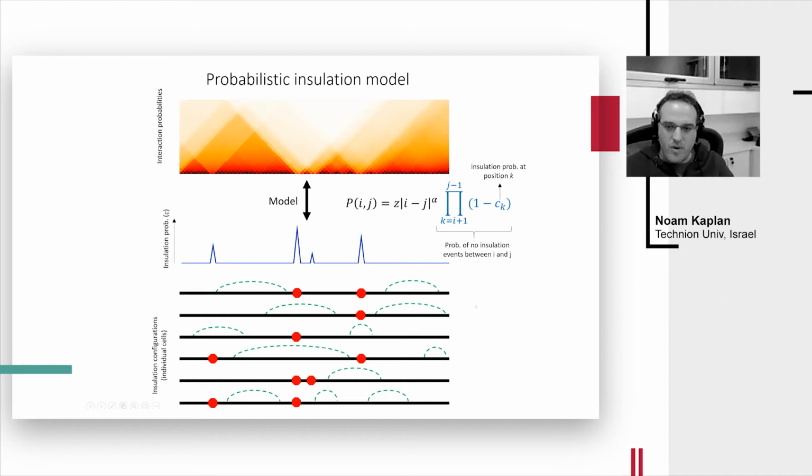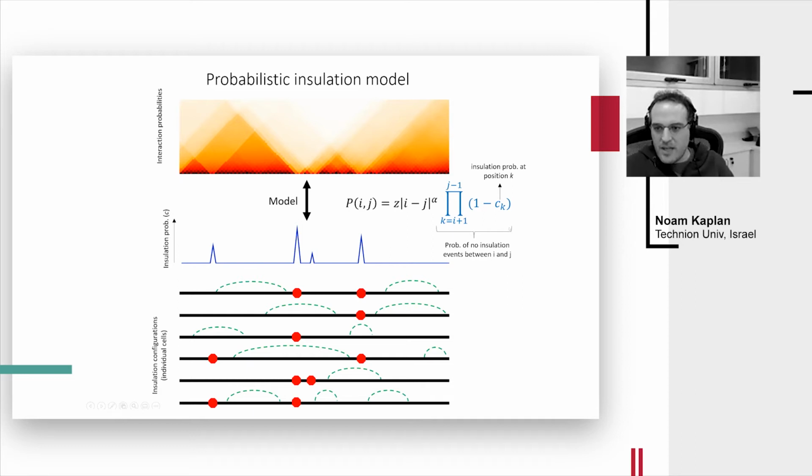You can now summarize this by just looking at the insulation probability, so how frequently you have an insulation event at every position. Let's call that C. So now how do we add that to our model? We have the same model we had before, the probability of interaction between i and j as a function of the genomic distance, and now we add this term. Let's see what it means.